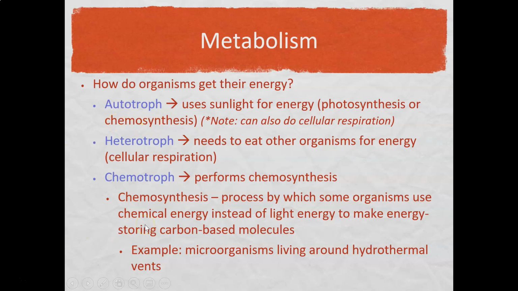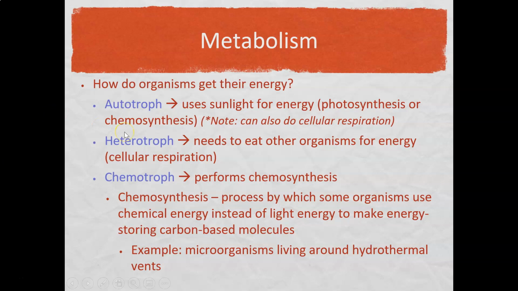So they're chemotrophs or chemoautotrophs, where instead they'll take chemical energy that isn't light energy, but it's chemicals often coming out of the earth or from other inorganic compounds that they're able to obtain in their environment and use chemosynthesis to take that chemical energy and convert it into sugars, carbon-based molecules, usually sugars.